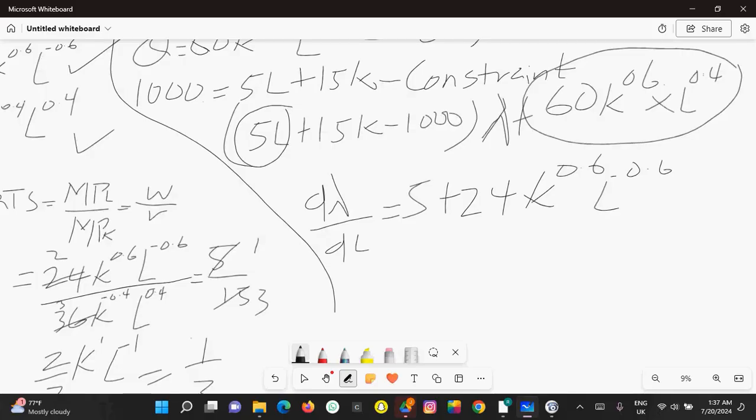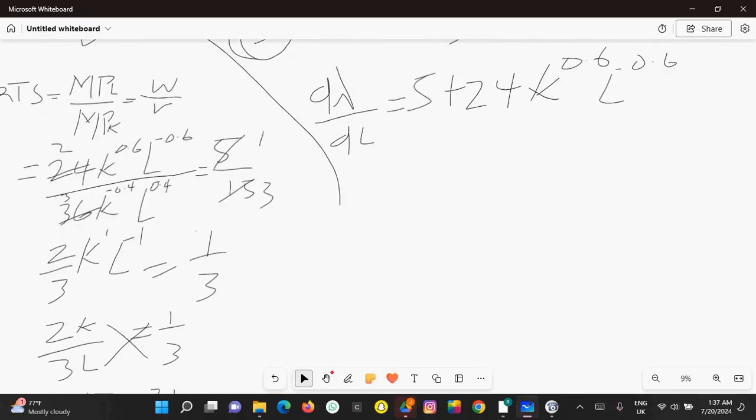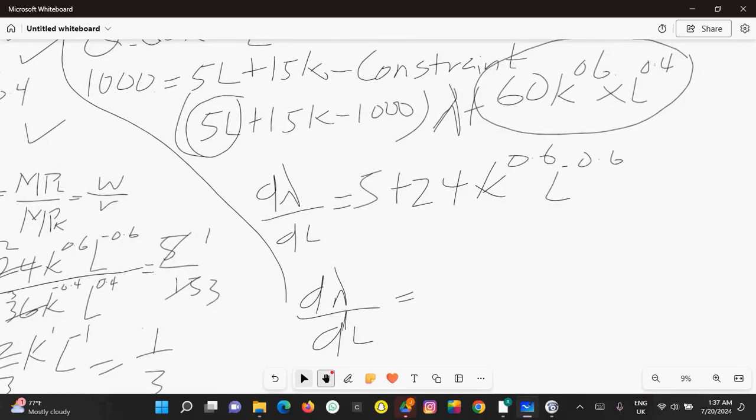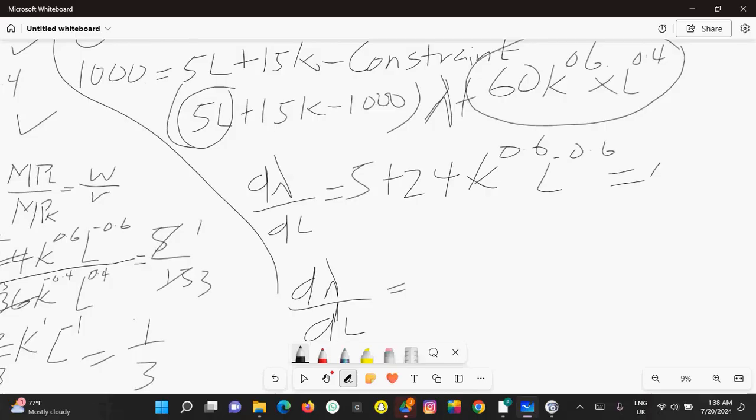Then now let's differentiate the other one, 3L. Sorry, differentiate and then equal to 7.